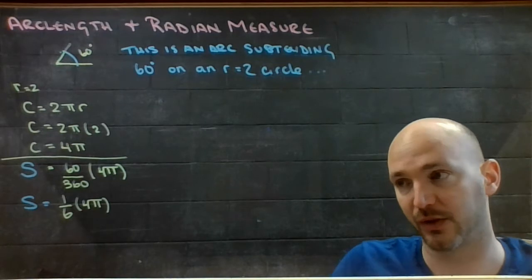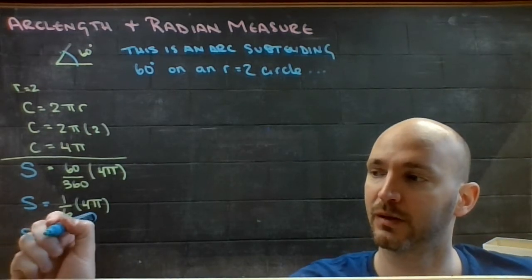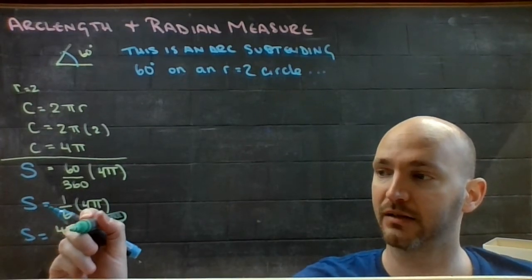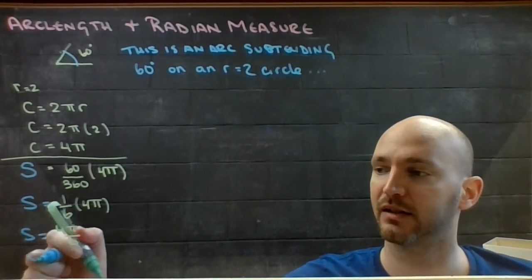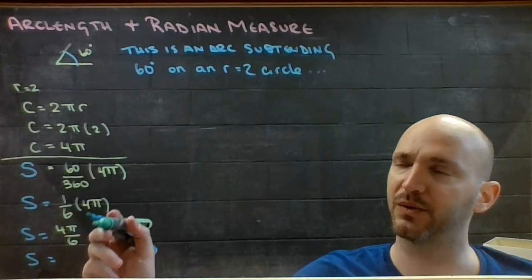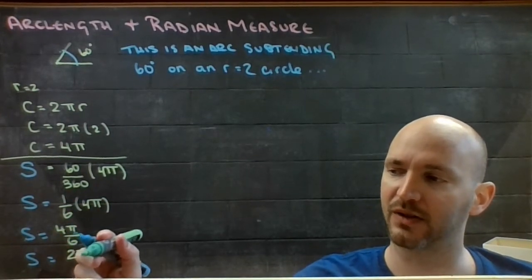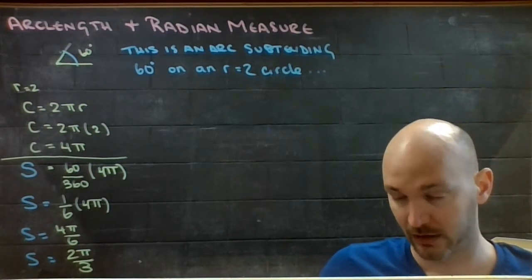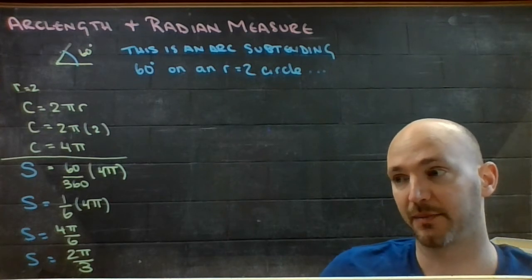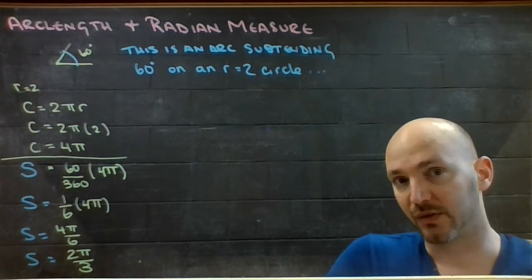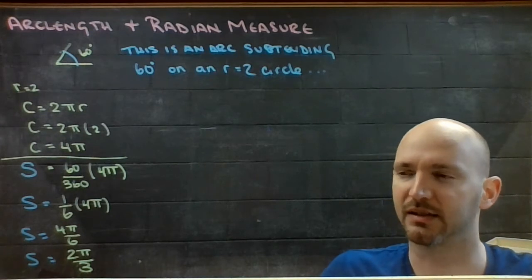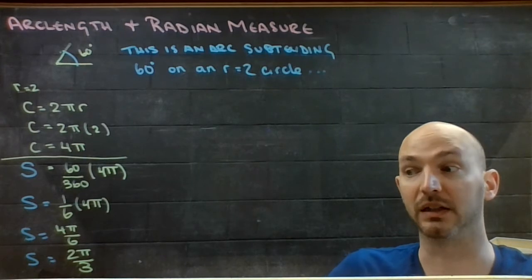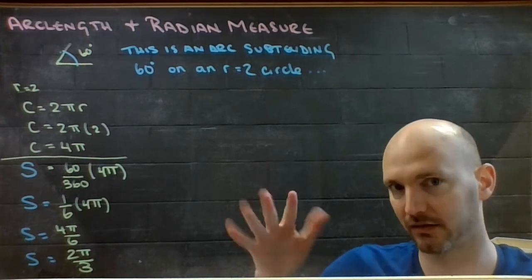If you like, you can reduce that further. 4 pi times 1/6 is 4 pi over 6. And 4 and 6 both divide evenly by 2, so that reduces to 2 pi over 3. Now, you may be compelled to type that into a calculator. 2 times pi is 6.28, and then 6.28 divided by 3 would give you 2.9-ish something, around there.